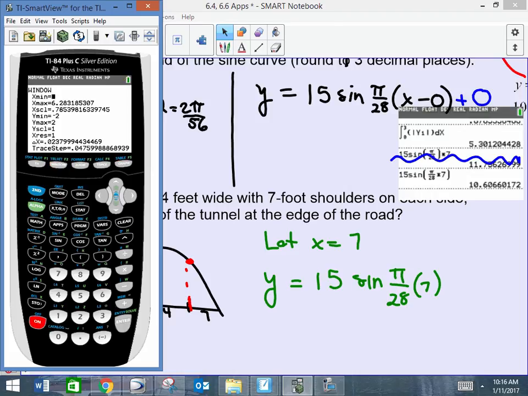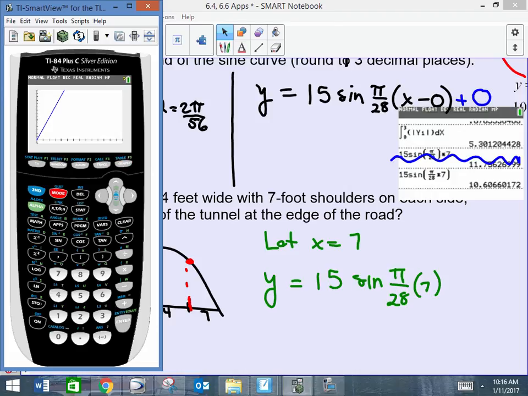I need to accommodate 7, so I'm going to go to 28. That way I'll get the whole curve. And then I need to get up to 15, so negative 1, just so I can see. So that would be what the curve looks like.